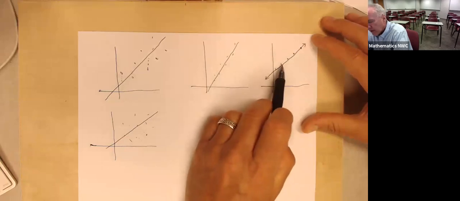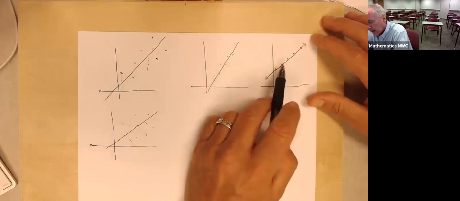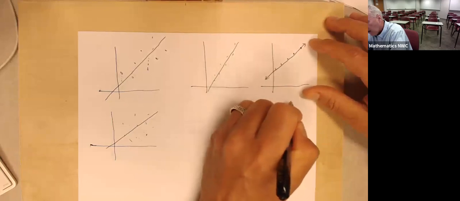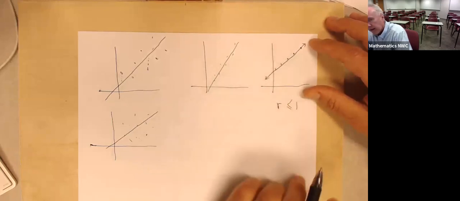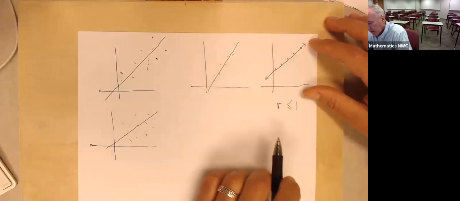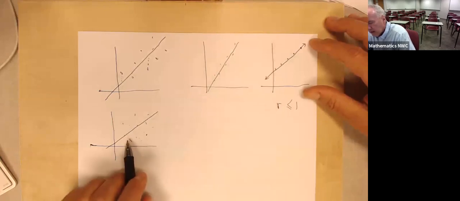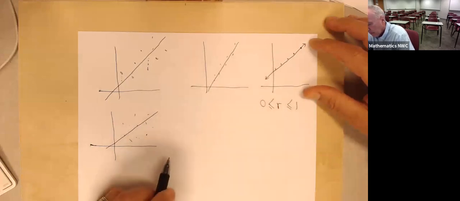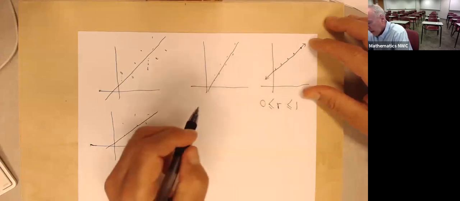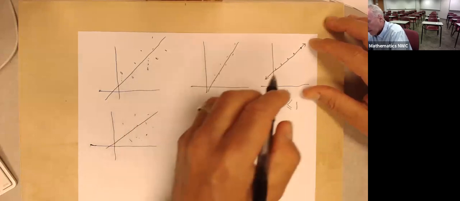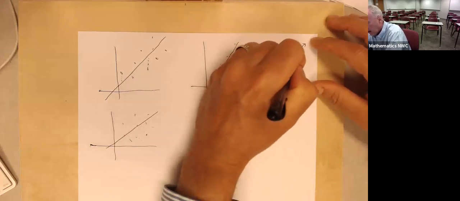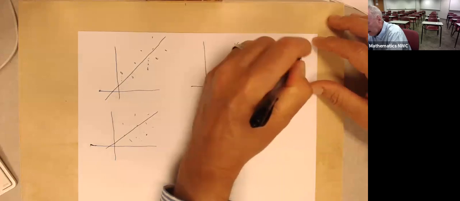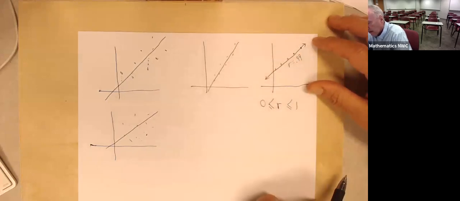The closer the points are to being in a direct line, the closer R will be to 1. The further away they are from the line, the closer the R will get to be 0. So for example, this one right here would probably be an R about 0.99, really close to 1.